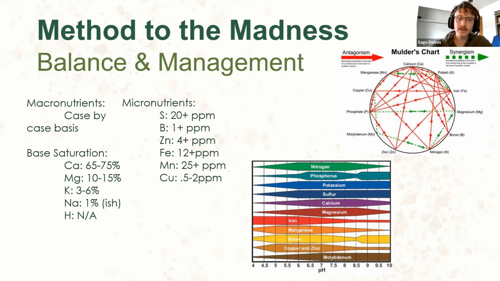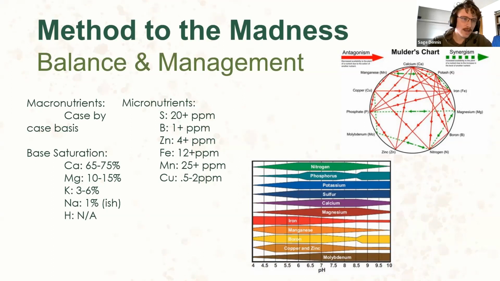Before we start talking about pH, I want to address these numbers here. Macronutrients, as it says, it's a case-by-case basis because that all comes down to the nutrient holding capability of your soils. I'm going to treat a sandy soil that has low nutrient holding capability much differently in terms of the overall fertility I'm trying to have source to it than I will a clay soil.